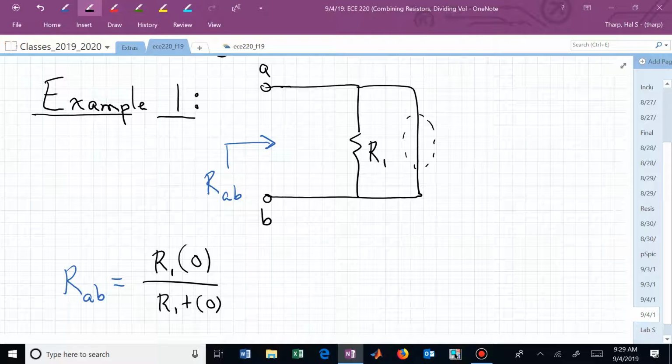We don't have 0 in the denominator that we're dividing by. We're dividing by a real number, R1. This is now 0 over R1, which is 0. And that's what we would have expected. Anytime you short out a resistor, you're basically removing it from the circuit.